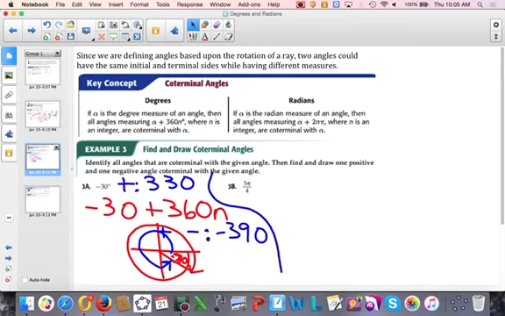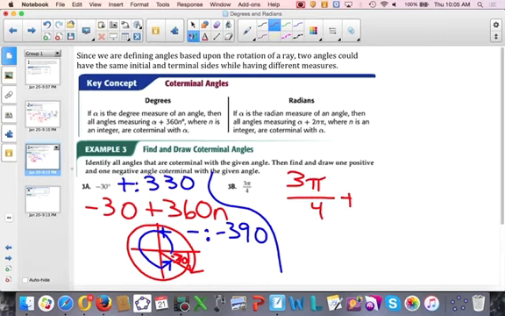All right, for the other one, all angles that are coterminal with 3 pi over 4 is just 3 pi over 4 plus 2 pi n. So if I'm adding a whole circle over and over again, all of those angles will be coterminal. If I draw this angle, well, we know that 1 pi is 180 degrees, and so half of that is 90 degrees, which means 3/4 pi is about here.